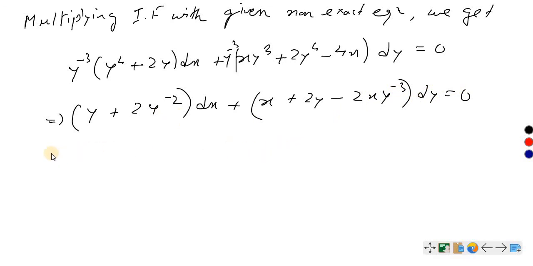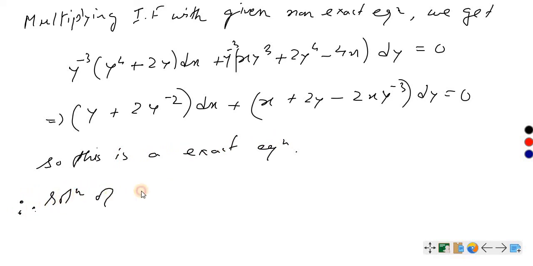Now this is an exact equation. Therefore, the solution of this equation is: integration of m taking y as constant.